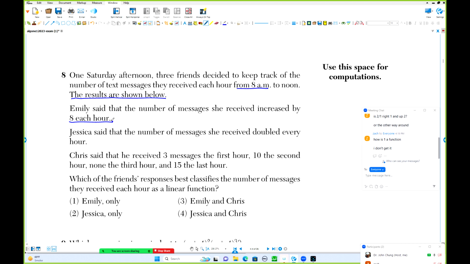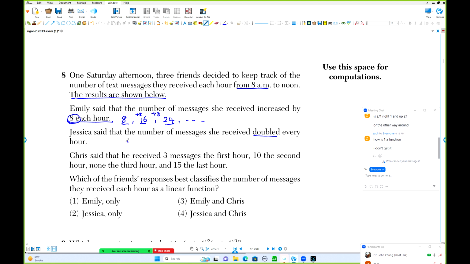Okay, all right. Jessica said the number of messages she received doubled. Each hour it is 8, the next one is 16, the next one is 24, something like that. This is the number, increased by the same number over here: 8 plus 8 plus 8 plus 8.